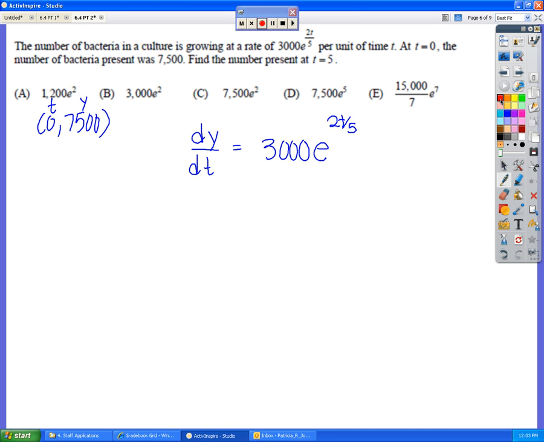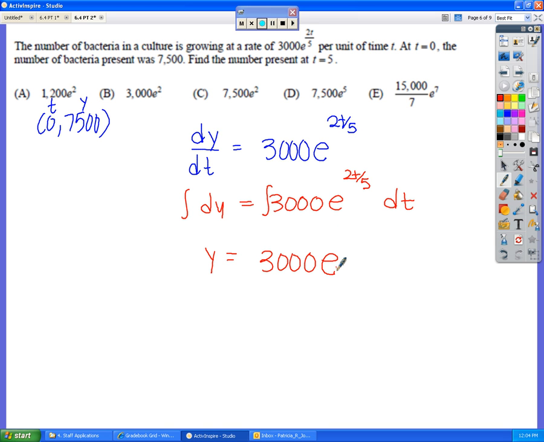I am going to first start off by separating. There's really nothing to separate. dy is equal to 3,000 e to the 2t over 5 dt. Integral: this side is y. The other side, the 3,000 stays. e to the 2t over 5 divided by 2/5, so I'm going to divide by 2/5, which is multiply by 5/2.